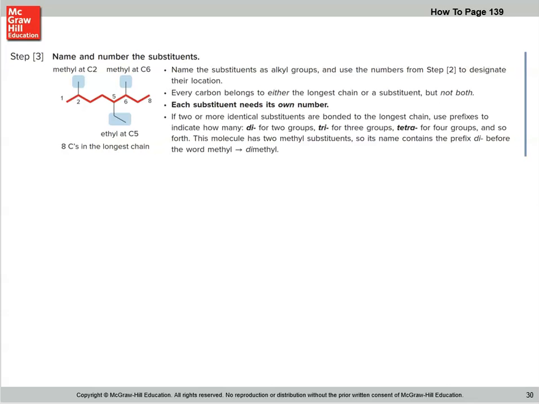Here we have an example of an octane. The 8 is the longest chain, so that's going to be octane. And we have 3 substituent groups. We have a 2-methyl, a 5-ethyl, and a 6-methyl.